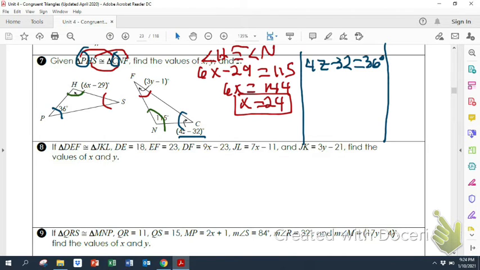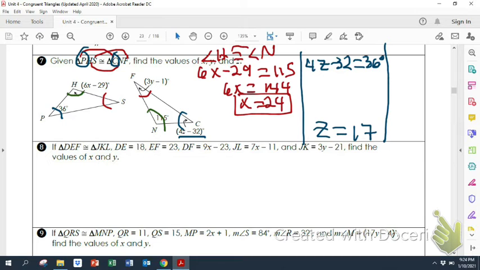Okay, hopefully you determined that z is equal to 17. Now, our last one, how are we going to figure this out? Well, we need to do our angle sum theorem.